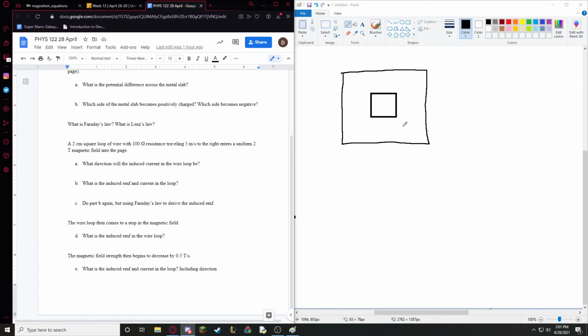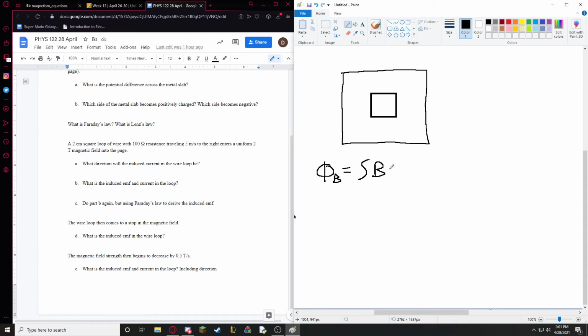Yep. So that would be change in magnetic flux over change in time. And so let's start with getting the magnetic flux itself. That's the integral of B dA, but that would zero out, right?